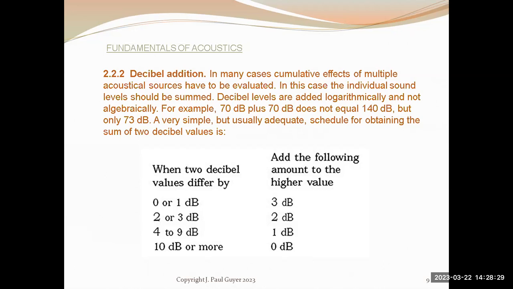And this seems counterintuitive, but it isn't, because as your 2 source sounds are farther apart, one of them low, one of them high, the higher of the 2 sources is just going to, as far as the human ear is concerned, overpower the lesser of the 2 sources, and that's why if the two sources differ by 10 decibels, the sum that you're going to hear is going to be the same as the highest of the two source decibel levels.